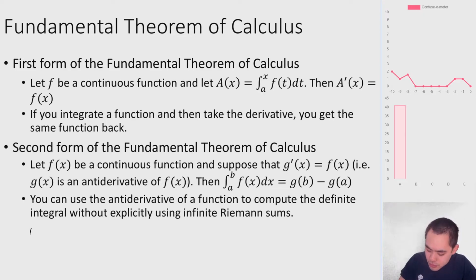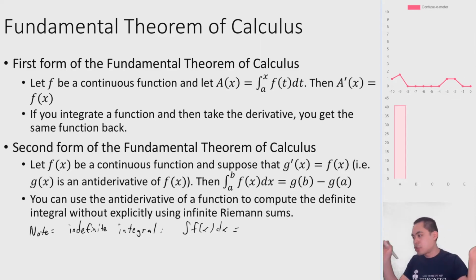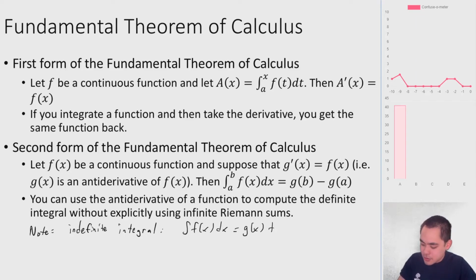So note, we have an indefinite integral, which is something like the integral of f of x dx is equal to some function, we can call it g of x, plus c, right? And the c here is an unknown.